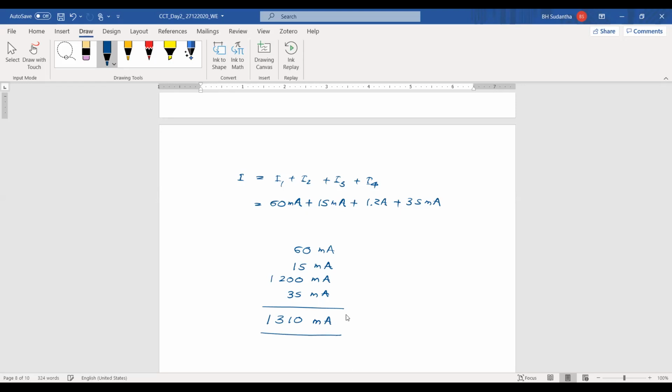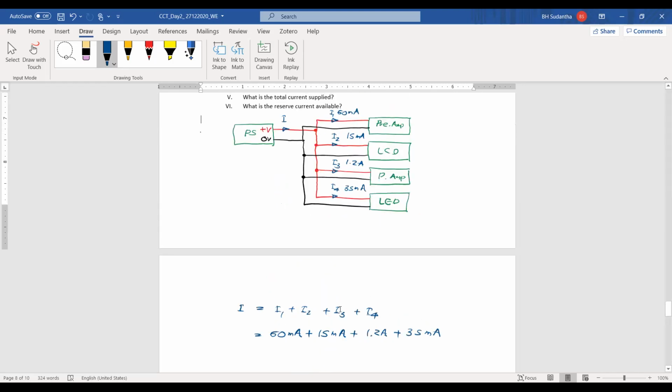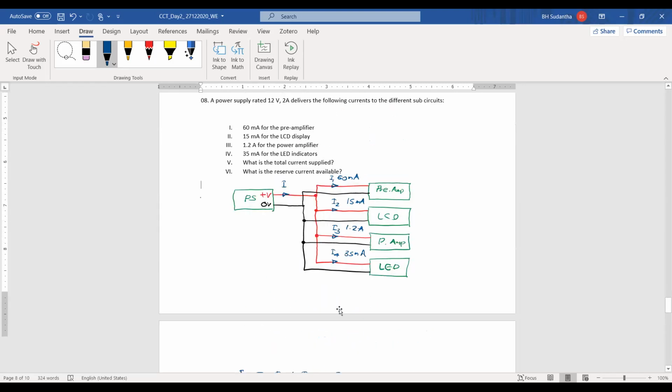This is in milliamperes, then you can say this is 1.31 amperes. That's the total current. Okay, then what is the reserve current available?